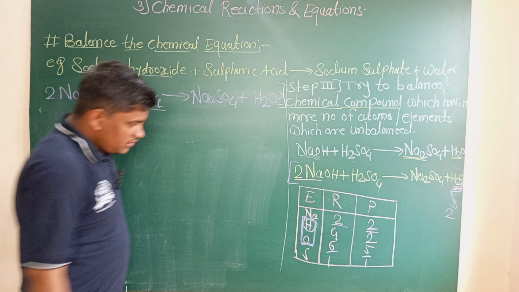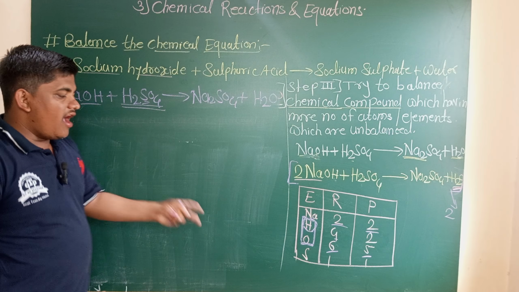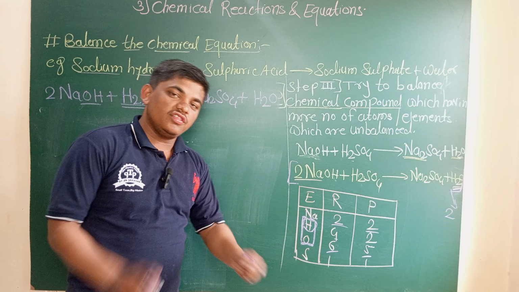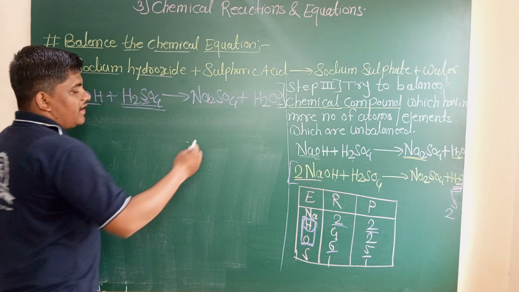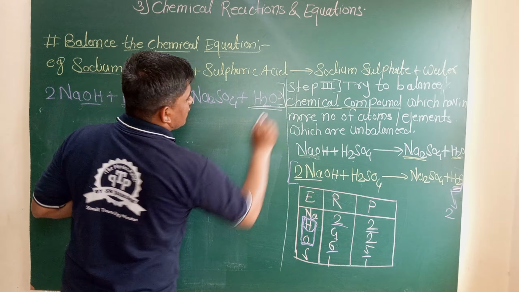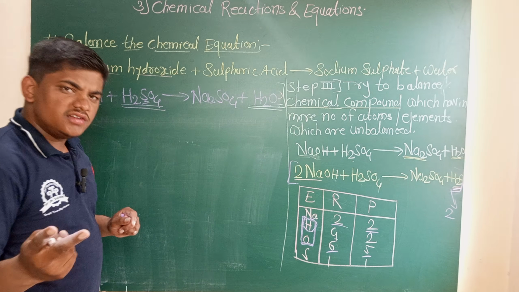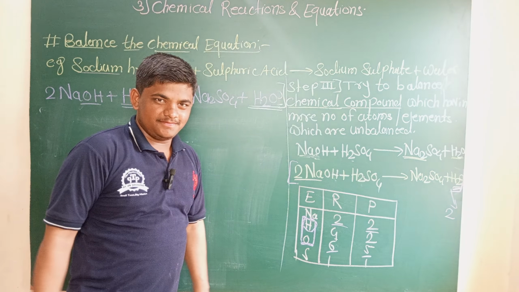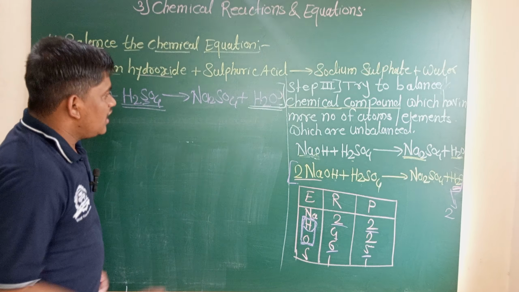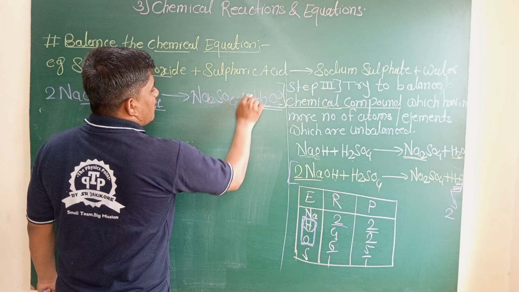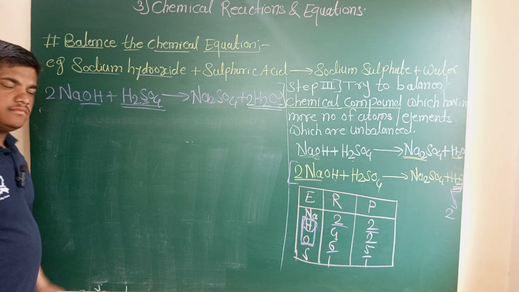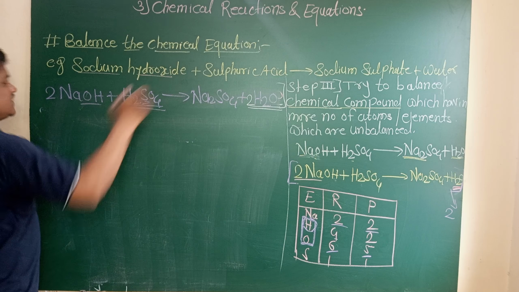But the fourth chemical, or the second product, has only two elements, hydrogen and oxygen, and both are unbalanced. Then try to multiply the second product by 2.